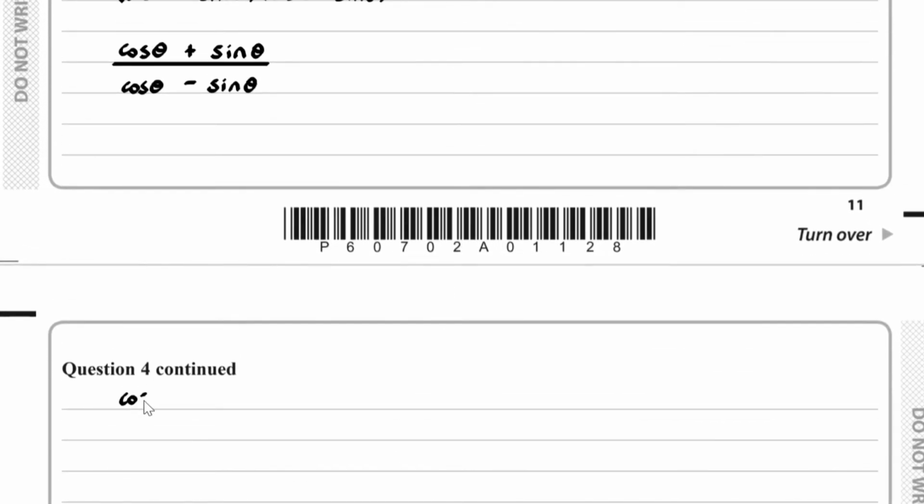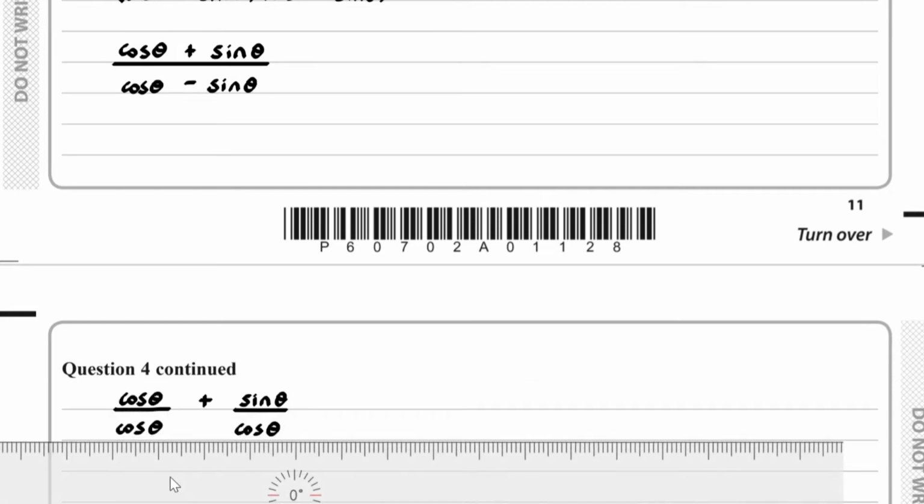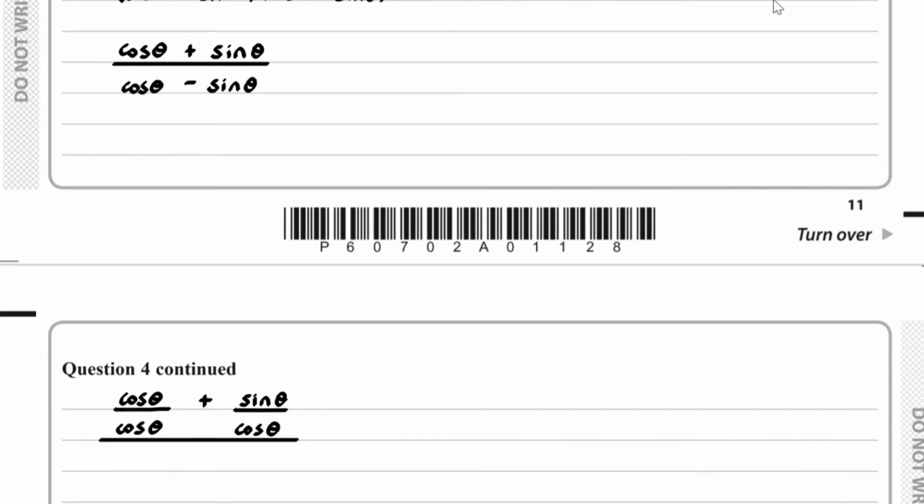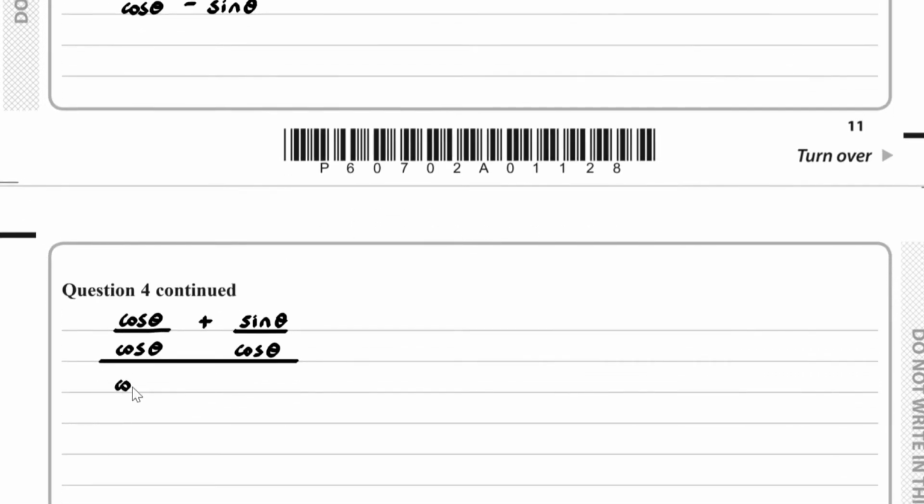cos theta divided by cos theta plus sine theta over cos theta, and then on the bottom we have cos theta divided by cos theta subtract sine theta over cos theta.